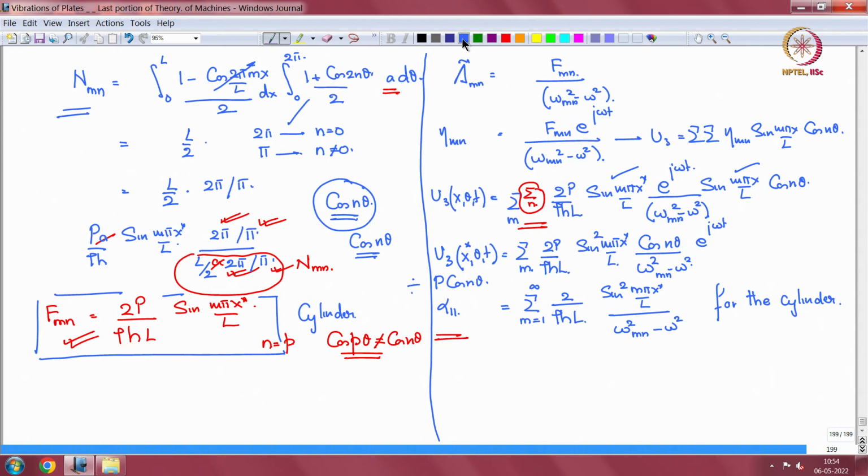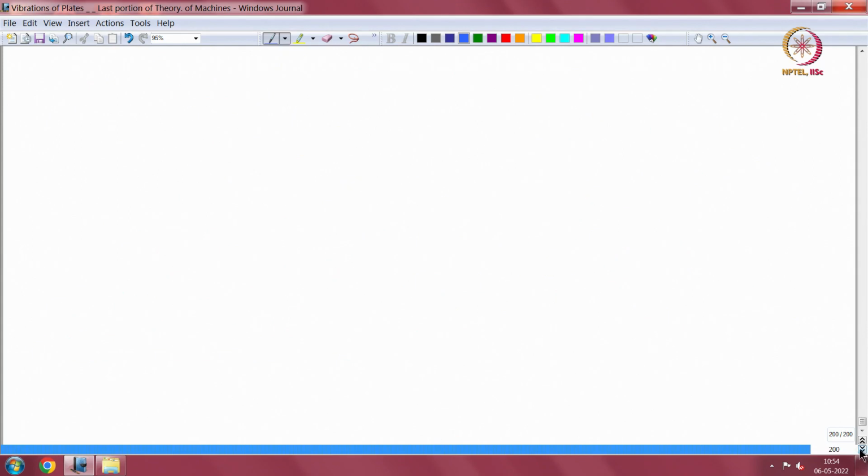Next we go to the stiffening ring. We have a ring over here which is actually a one dimensional structure. It will also have a radius of a, then it will have a width of b.